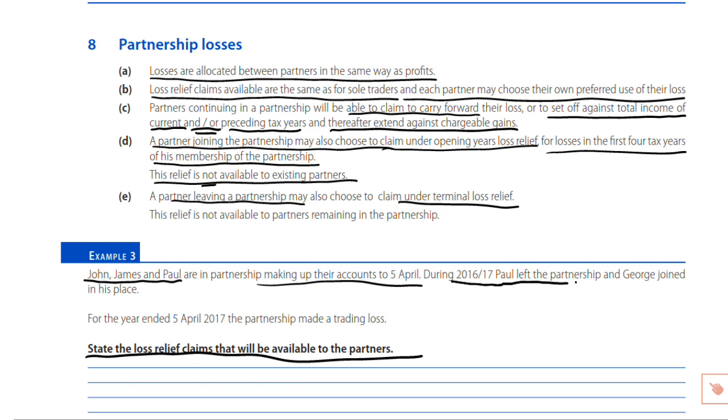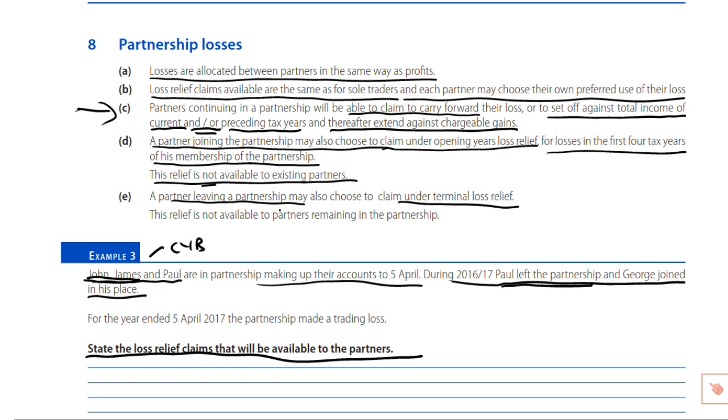During 16/17, Paul left the partnership and George joined in his place. So for who we're left with, John and James, they continue, so they will be assessed on CYB. They are continuing partners, and on that basis, therefore, those are the reliefs available.